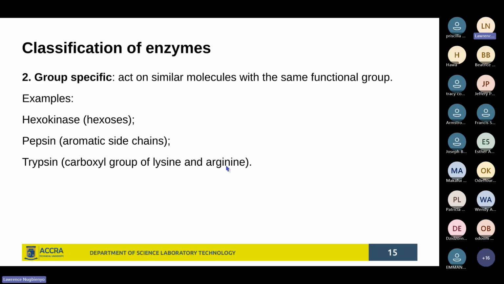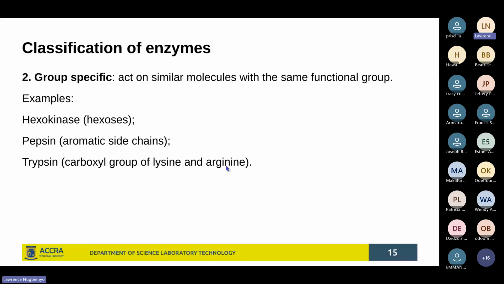It could be another aromatic, or a different amino acid, not necessarily aromatic, but there must be an aromatic amino acid in that peptide bond. Then pepsin will act on that peptide bond. So that is specific because we don't have only one amino acid with an aromatic side chain.